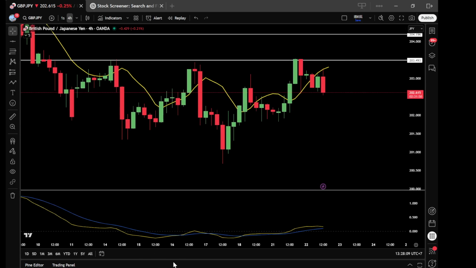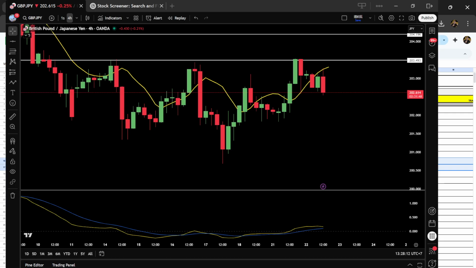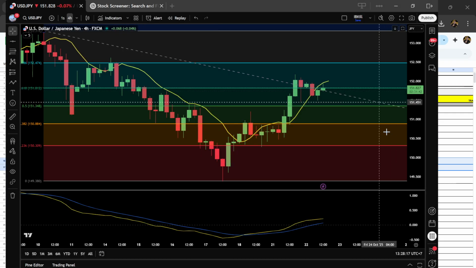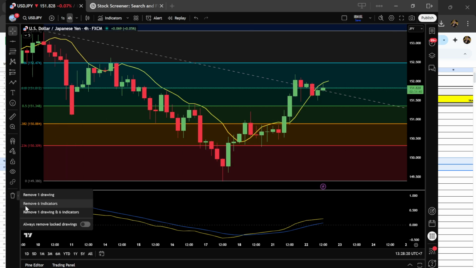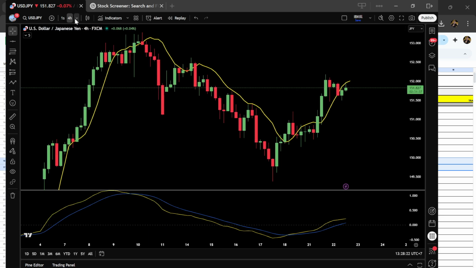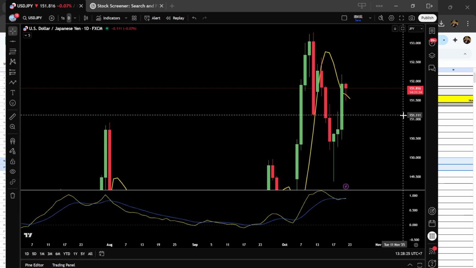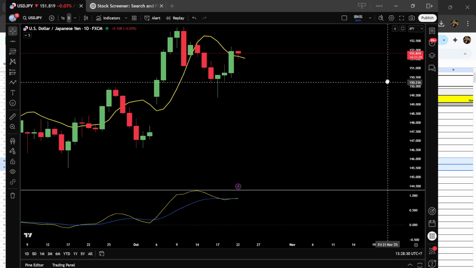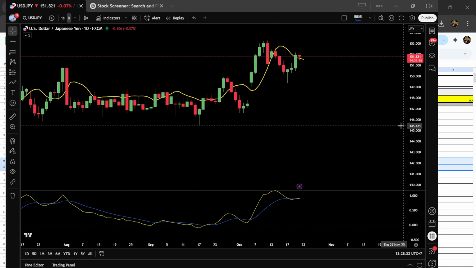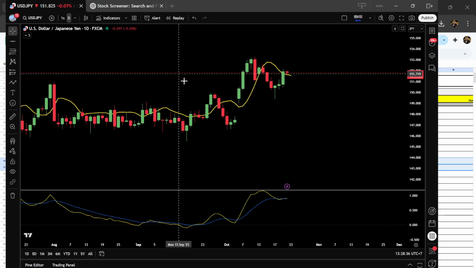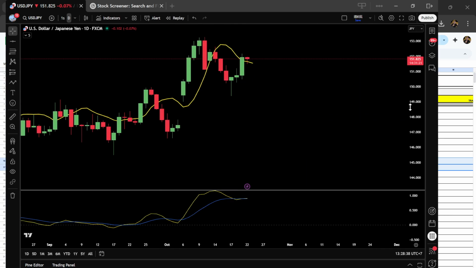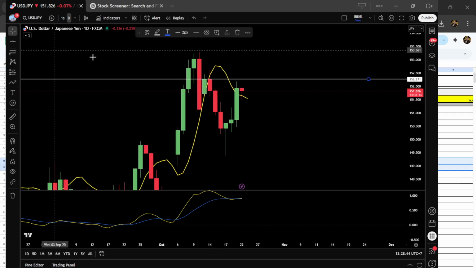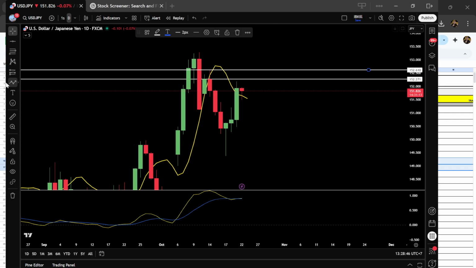What else could we look at? USD JPY. Again, strong. If we look at the daily, we're looking to sell this up above yesterday's high in around this zone here.